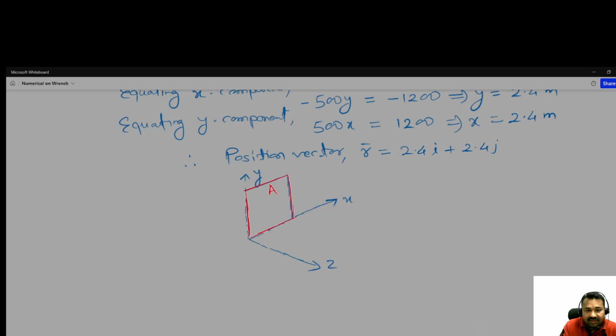So the resultant will be here, and this is R is equal to minus 500 K, means it is parallel to Z axis, but where it lies from the origin, it is R distance, it is R position vector.